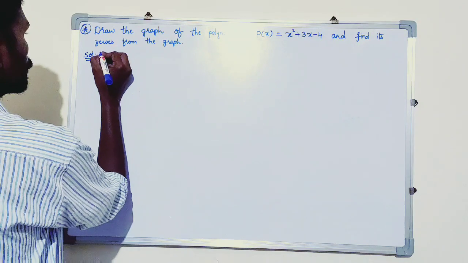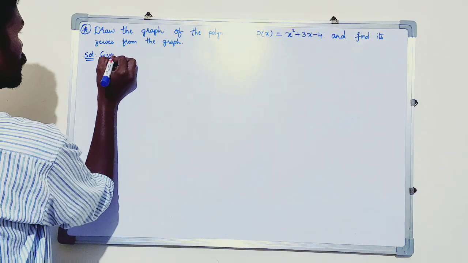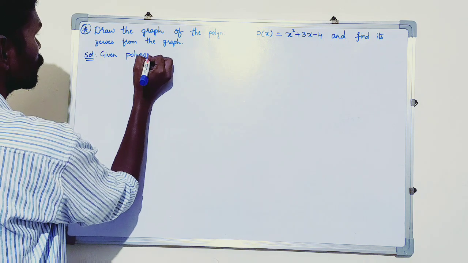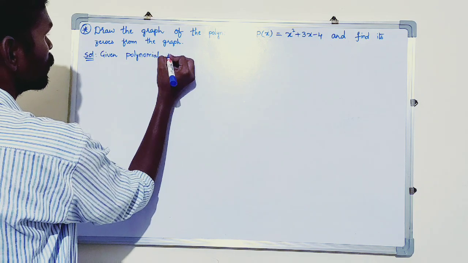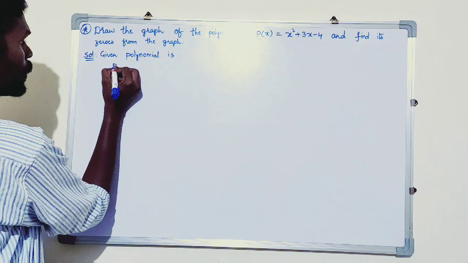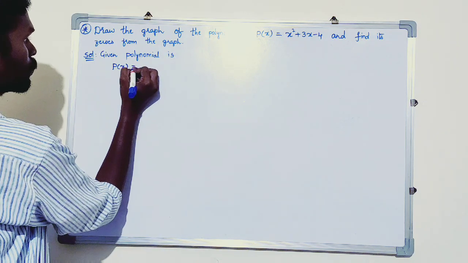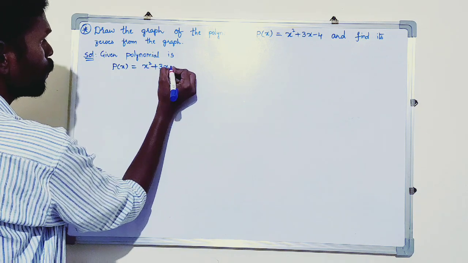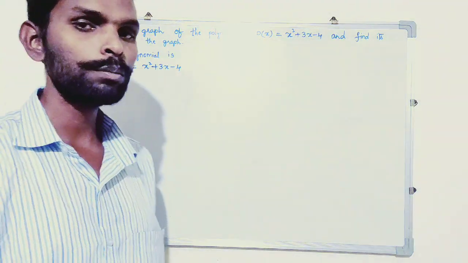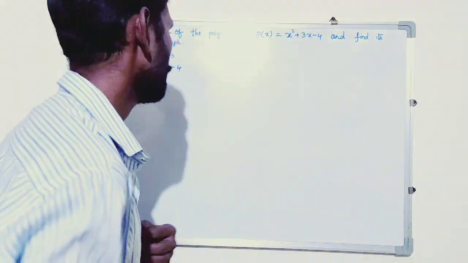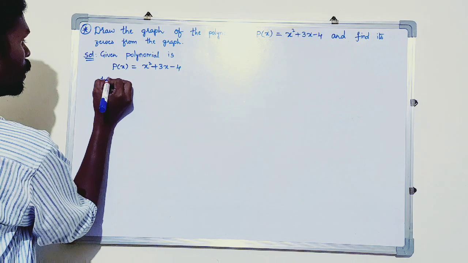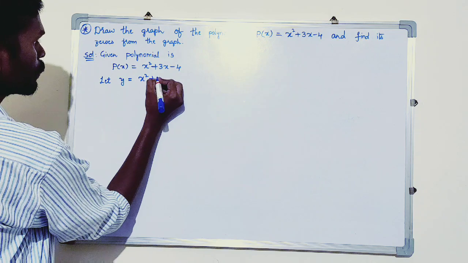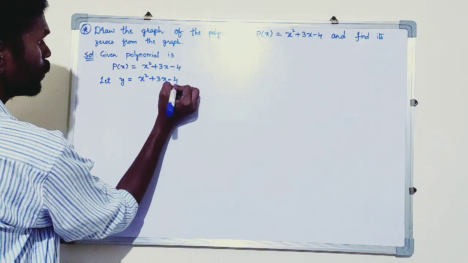So the given polynomial is p of x equal to x square plus 3x minus 4. Now in place of p of x, consider y. Let y equal x square plus 3x minus 4.